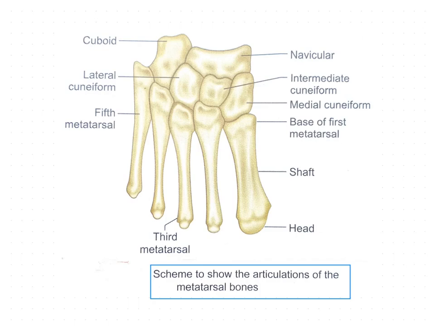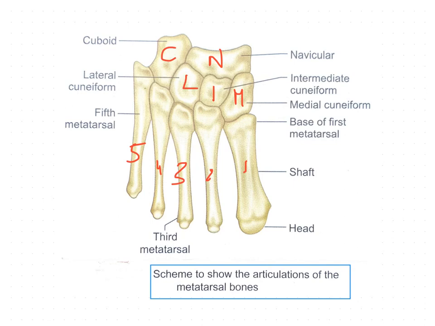If you can see in this picture, this is navicular and cuboid, and these are the cuneiforms: medial, intermediate, lateral cuneiforms.